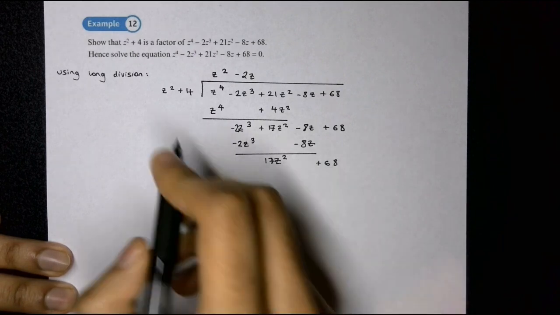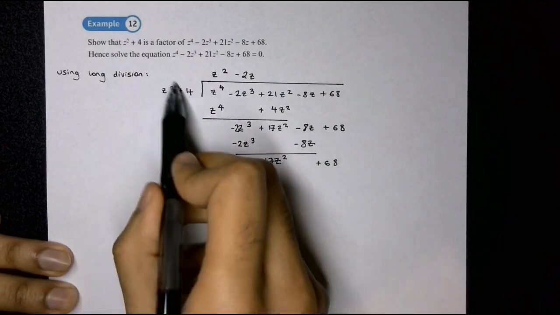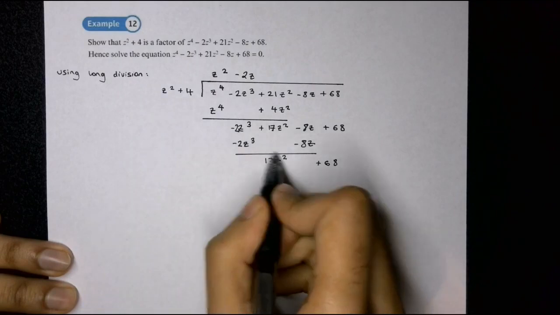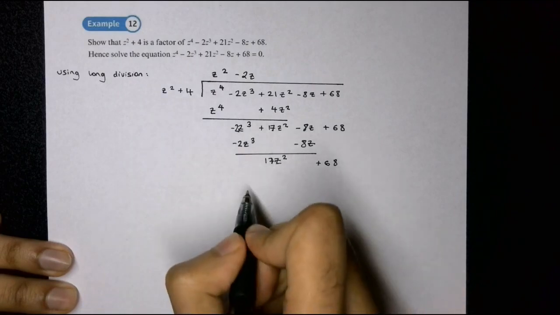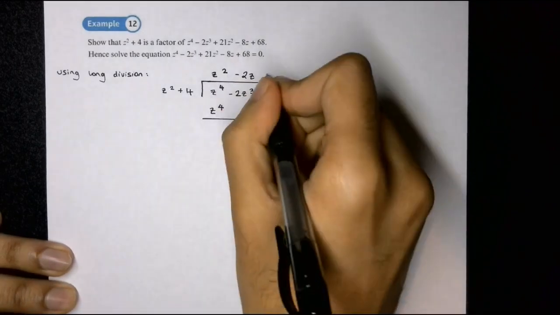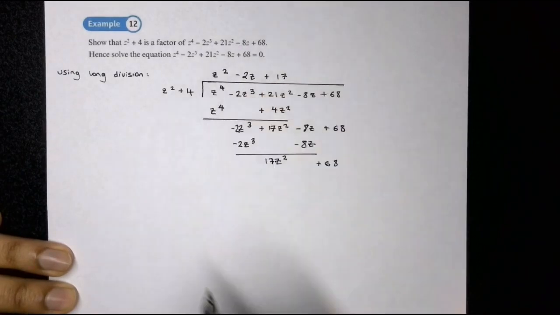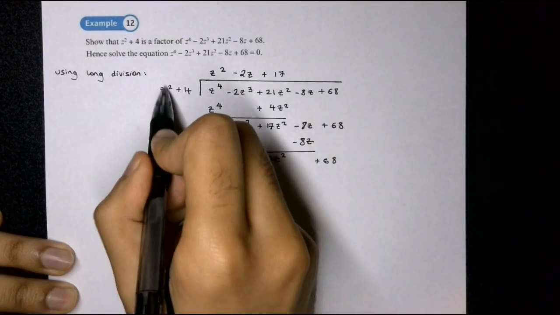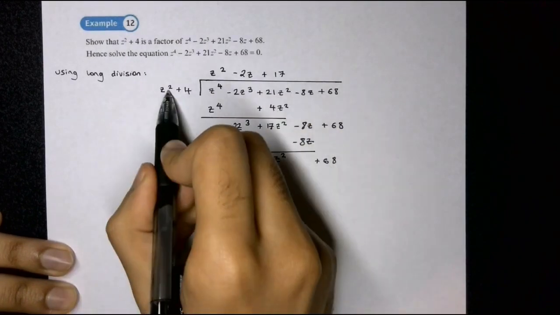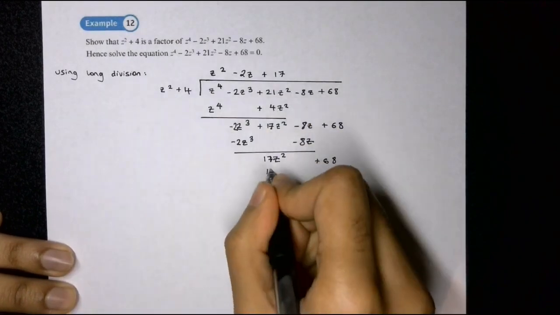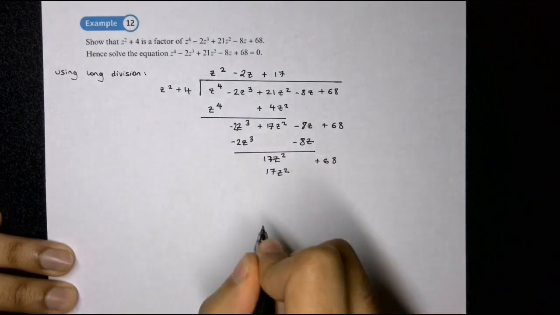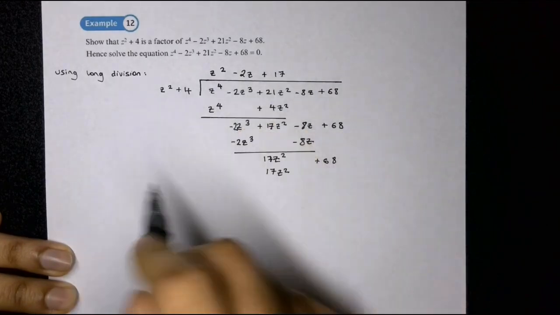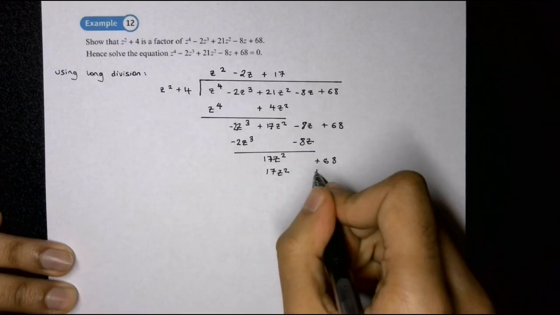We then think to ourselves, z squared times by something gives 17z squared. What's that something? Well, of course, that's just plus 17. And then we multiply this 17 by z squared plus 4. 17 times by z squared, that will be 17z squared. 17 times by 4, that's 68.